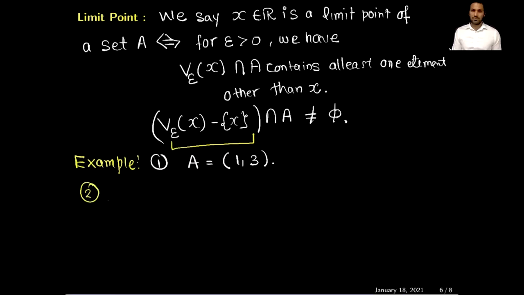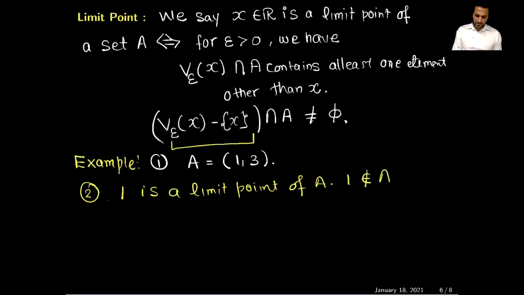In the second example, we show that the element 1 is a limit point of A. Clearly, 1 does not belong to the interval A, because 1 is the endpoint of that interval, which is not part of the interval.